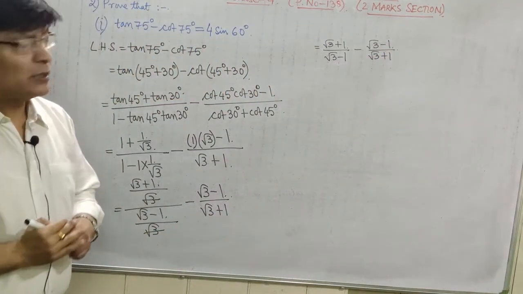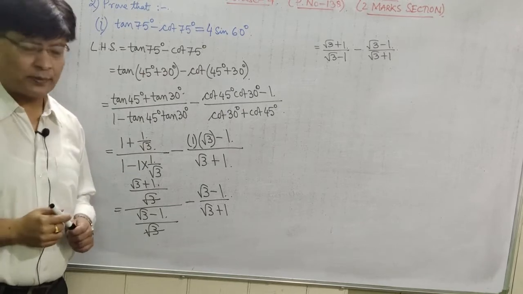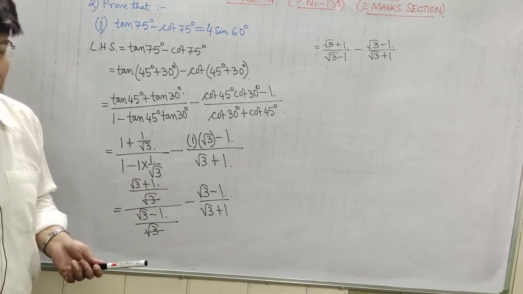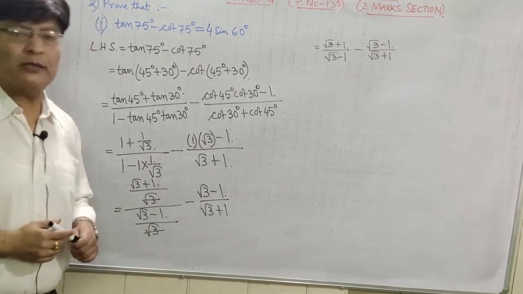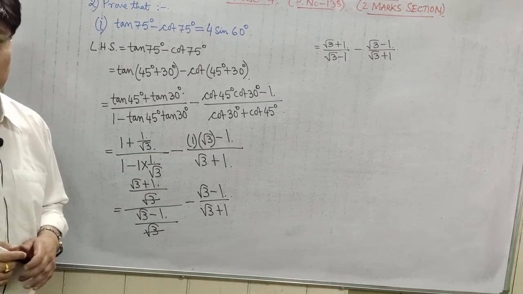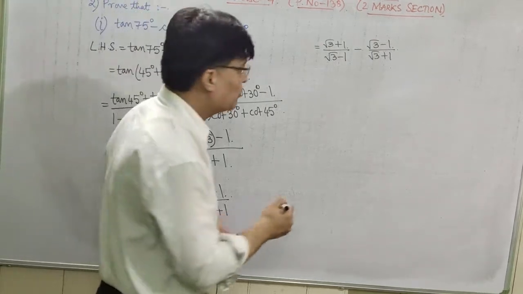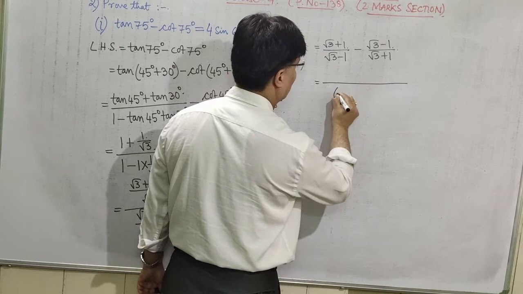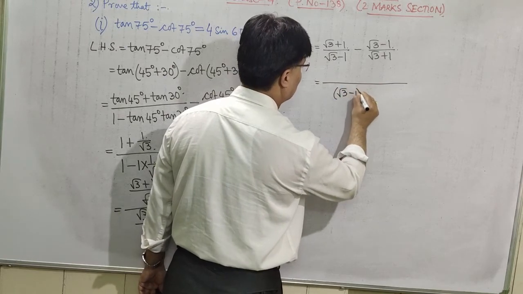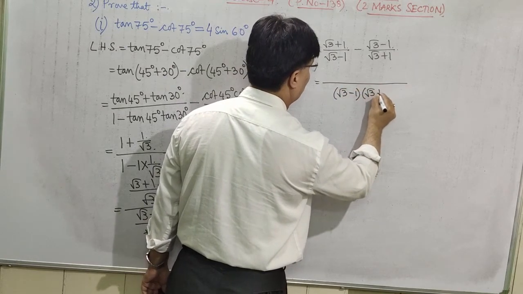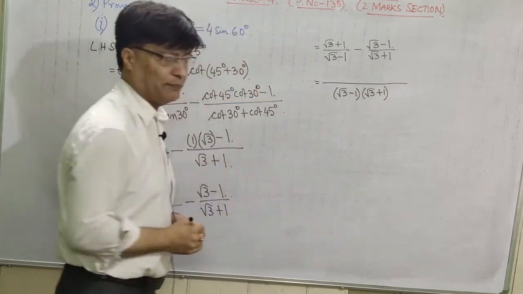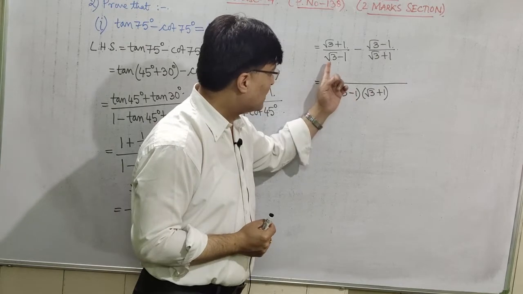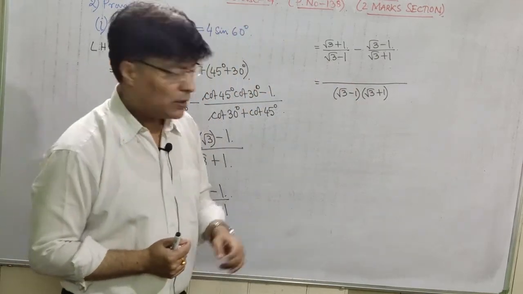Is that clear? So now let's take the LCM. The first term is the fraction root 3 plus 1 divided by root 3 minus 1, minus the second term, root 3 minus 1 divided by root 3 plus 1. What's the LCM here? Root 3 minus 1 into root 3 plus 1.